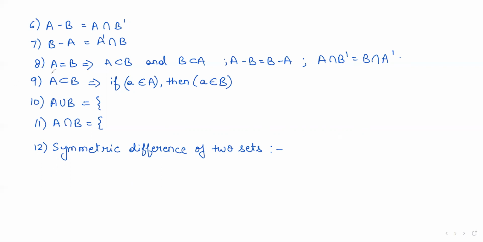So if A is equal to B, then you get 3 formulas or 3 conditions. This one, and this one.